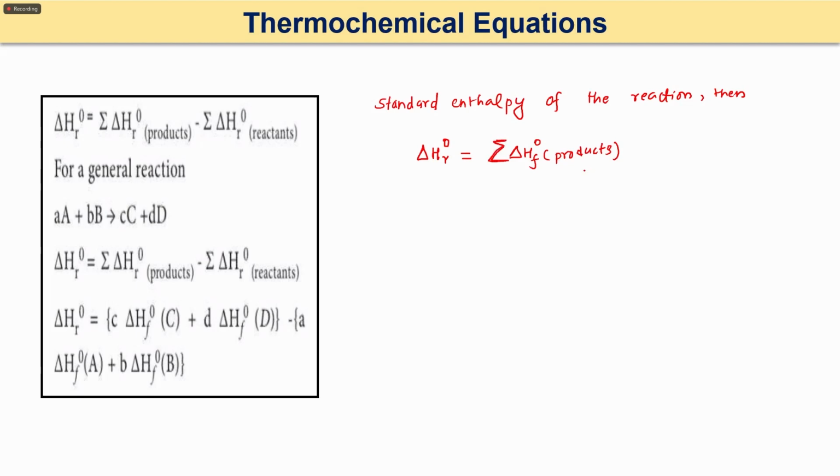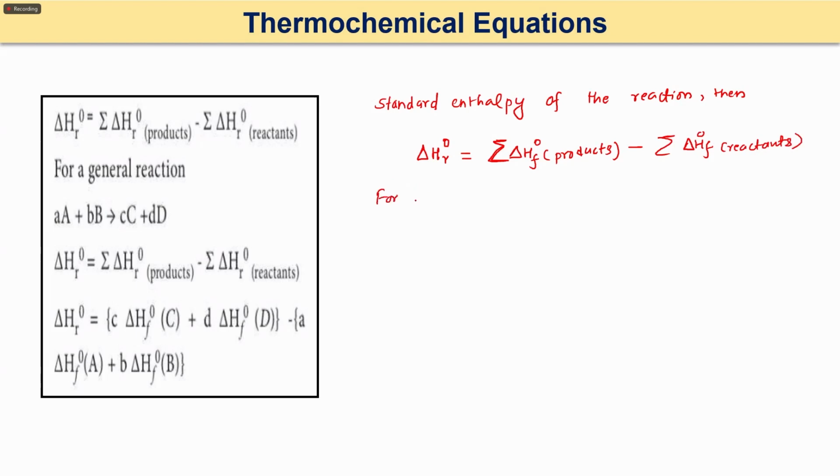Because we might get a single product, or we can also get 2, 3, 4 or more products. So we will take the sum of all these heats of formation, and the difference of the enthalpy of formation of the reactants.